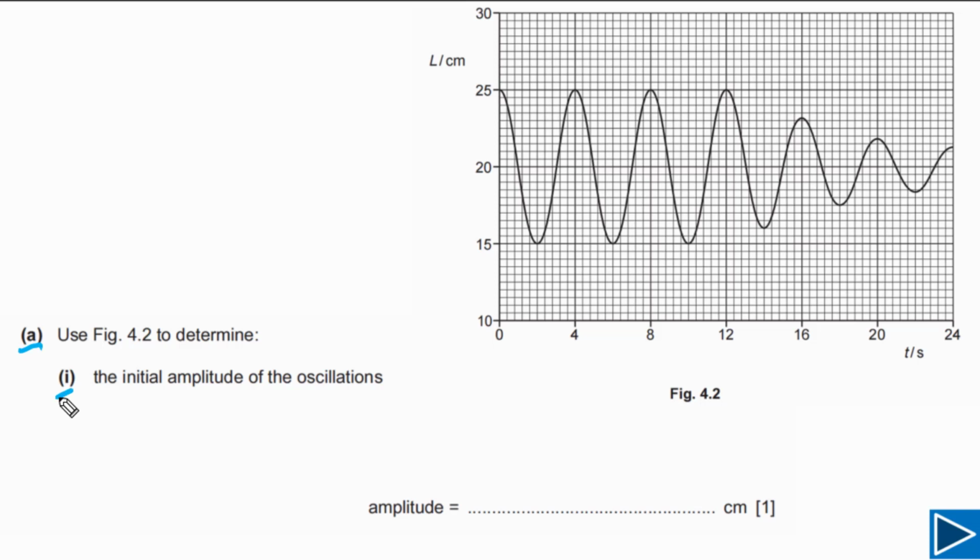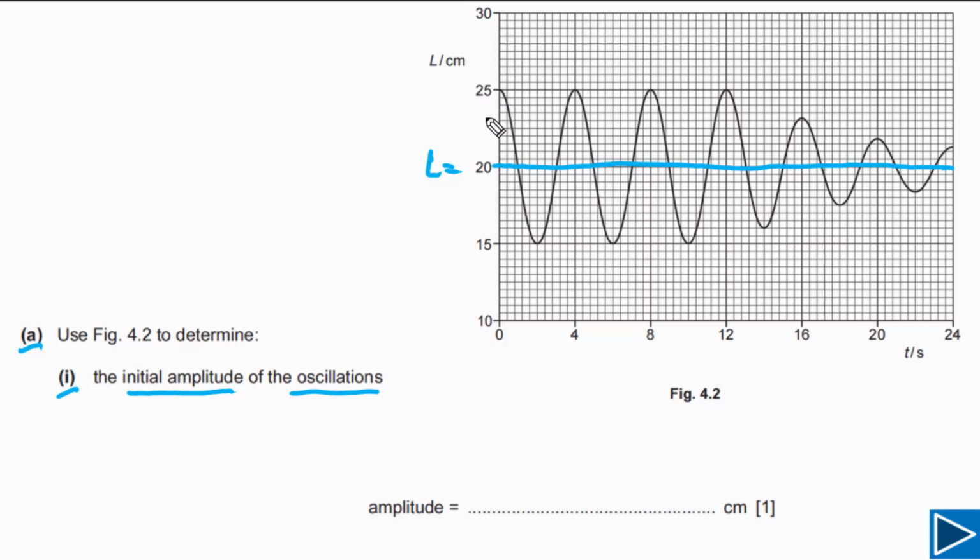For question A1, we need to determine the initial amplitude of the oscillations. If you look at this graph, we can simply find out that when L is equal to 20 centimeters, the trolley is at equilibrium. So we can also draw this horizontal line. We can now see very clearly that this is the equilibrium position when L is equal to 20 centimeters.